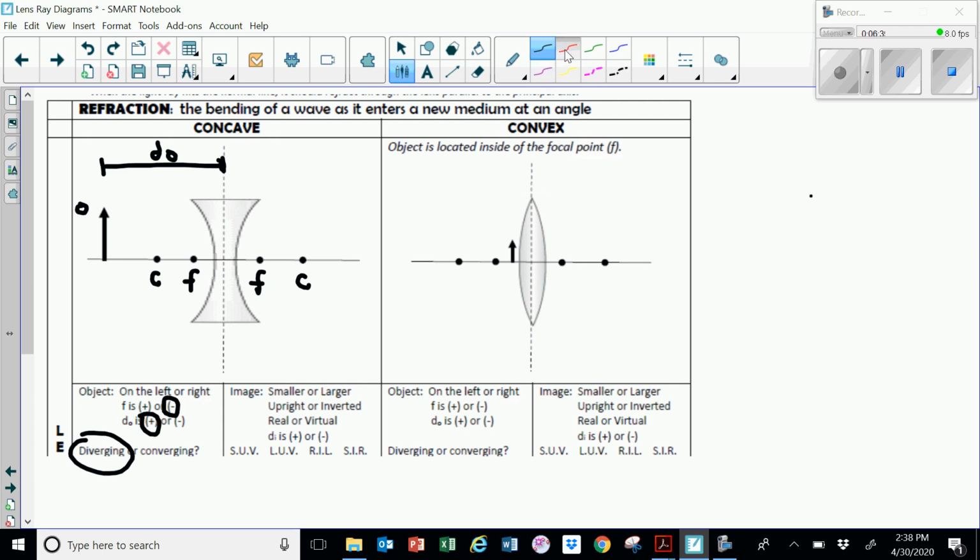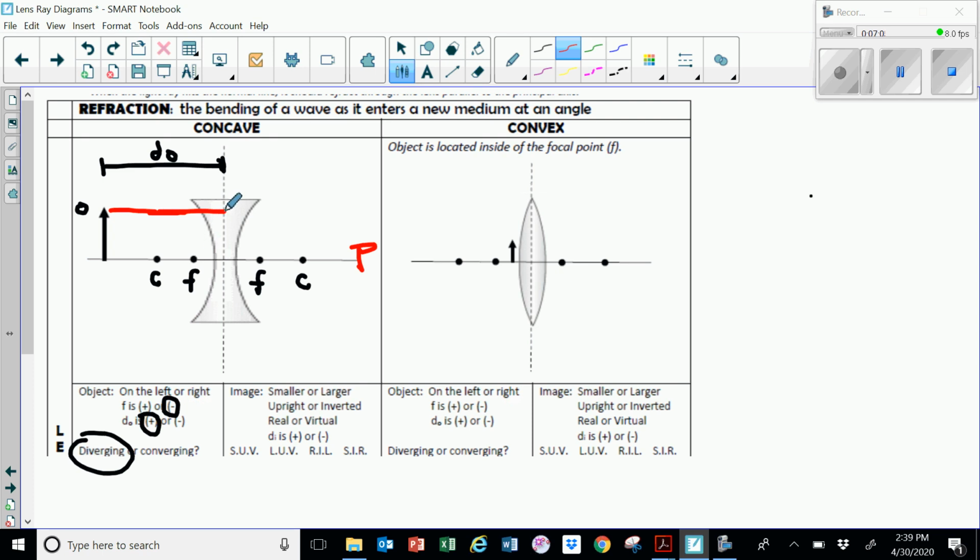Okay, so I'm going to draw two lines. The first one's going to be parallel to the principal axis. Here's the principal axis. I'm going to draw a line parallel to the principal axis. Here's a ray coming off the head of this object, drawn to the lens here. And then I'm going to project it back.